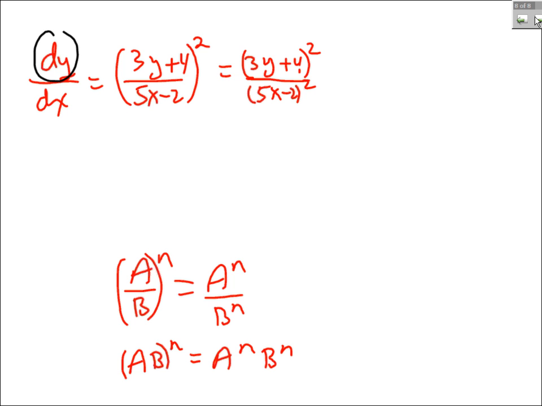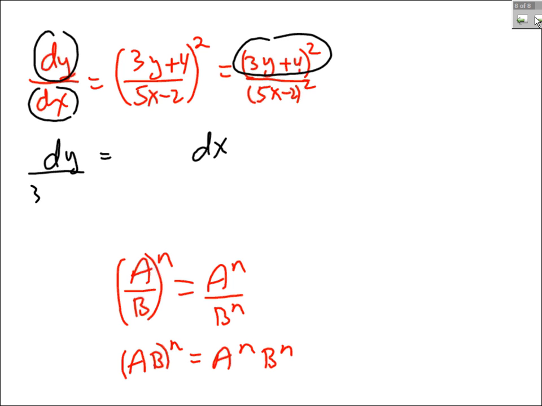The dy I'll keep where it is. The dx I'll move to the other side. The 3y plus 4 having y's, I'll put it here. And the 5x minus 2 squared, since it's on the x side, I'll leave it just where it is.